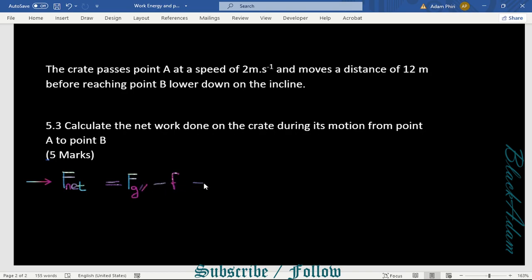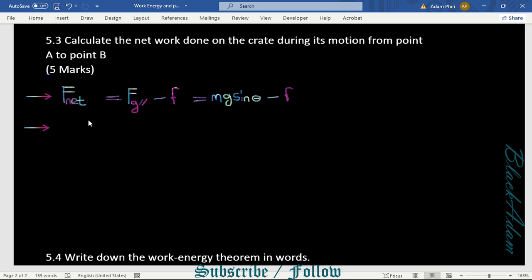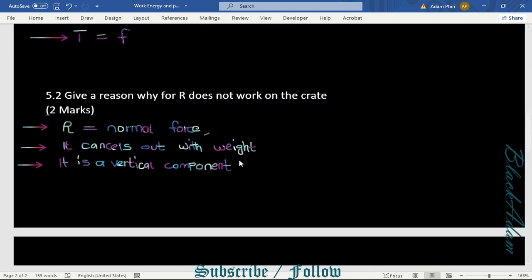The net force is Fg parallel minus friction, so F net is 70 multiplied by 9.8, multiplied by sine of 20 degrees, minus the friction of 190 newtons.